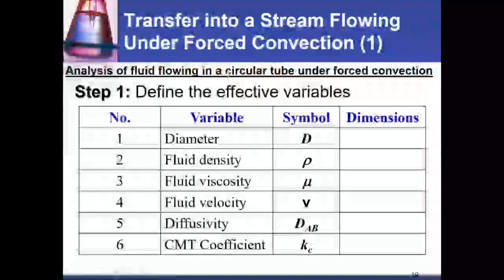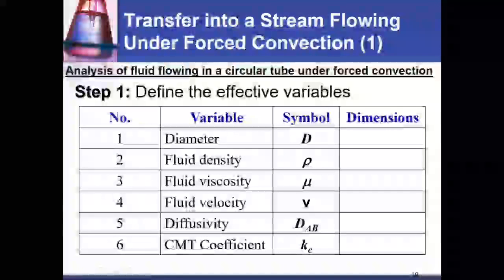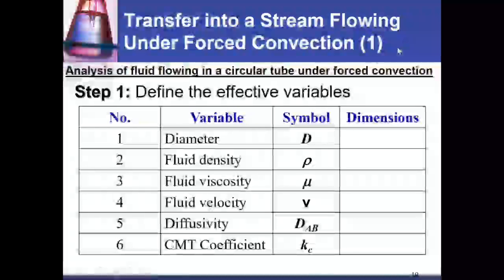Let's say the solute transfers from the fluid to the wall of the tube. So the fluid density, rho, will play a role in this convective mass transfer. Also, the fluid viscosity, mu, will also play a role in this convective mass transfer process. The velocity, because it's forced convection.